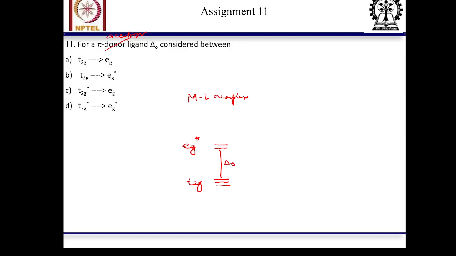Only we are considering sigma bonding. So can I ask one question? Have you gone through the ML6 MO diagram, where we have six sigma bonding only? Just write in chat box whether you have gone. Otherwise, I will just plot for sigma bonding first and then go to the pi one.